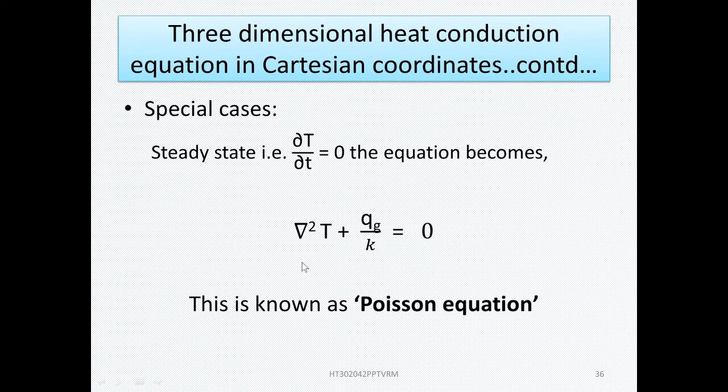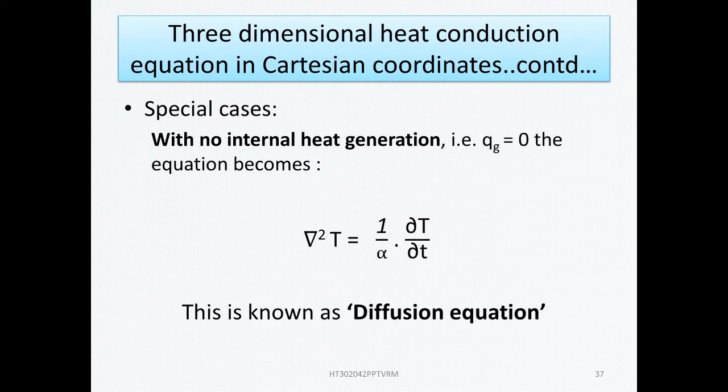So the equation becomes grad 2T plus Qg by K is equal to 0. The right-hand side becomes 0, and this equation is known as Poisson's equation, an important equation for steady state.